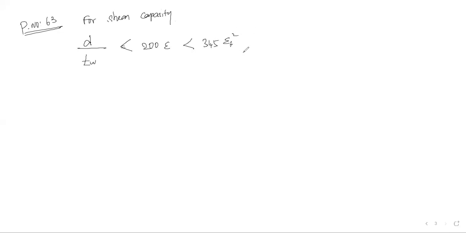Here the condition from page number 63 is that d/tw for shear capacity should be less than 200 ε, and should be less than 345 ε² for serviceability. Epsilon is the root of 250 divided by fy, and fy is 250, so we get epsilon equal to 1.